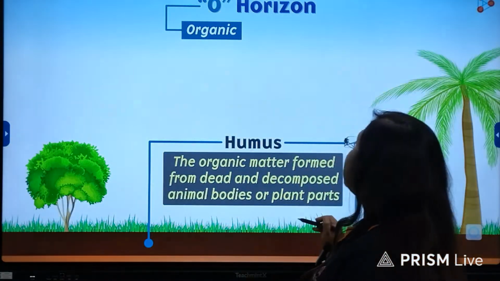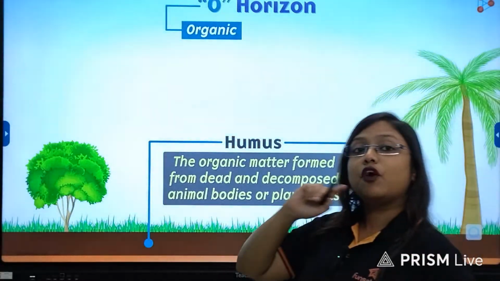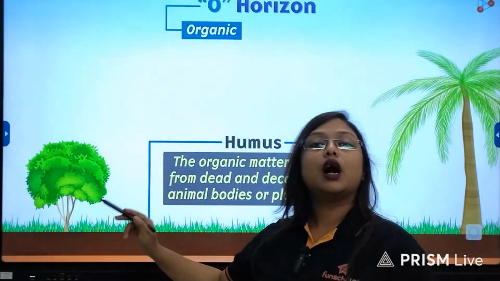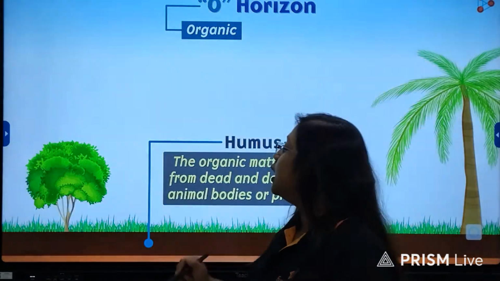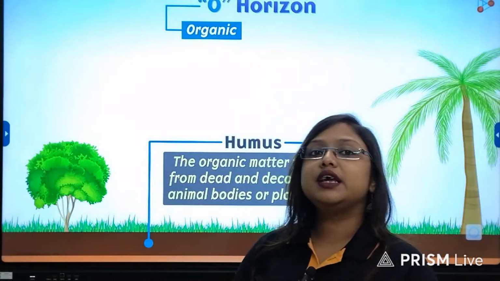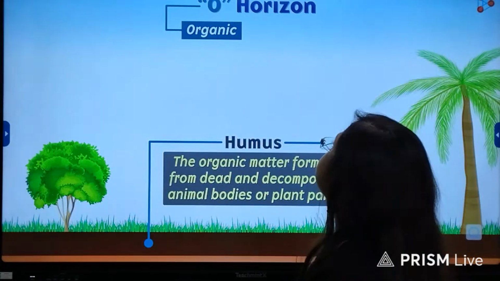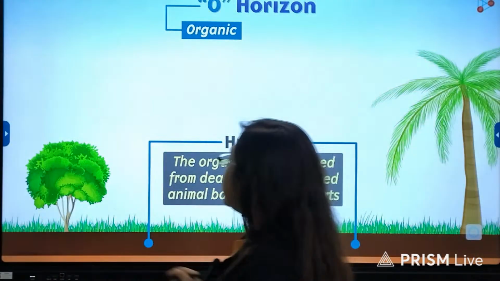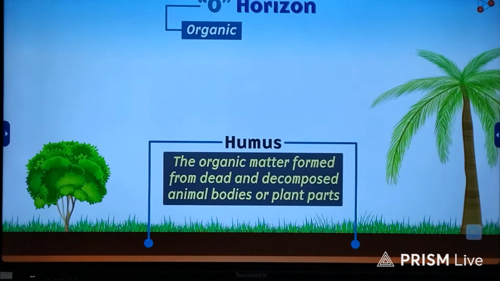That's why the humus is present on the surface, and that's also why the color of the upper portion of the soil is much darker than the deeper portion, okay? So there is the organic matter, and we already discussed humus. This makes the layer rich in nutrients and also dark in appearance.